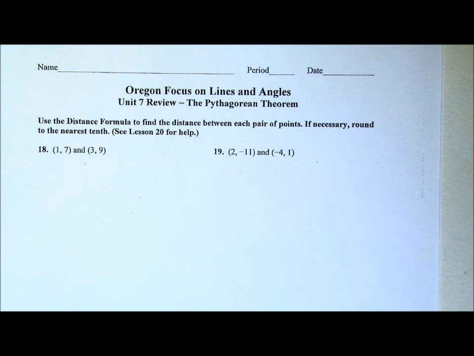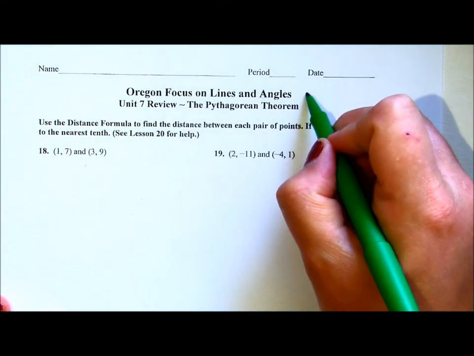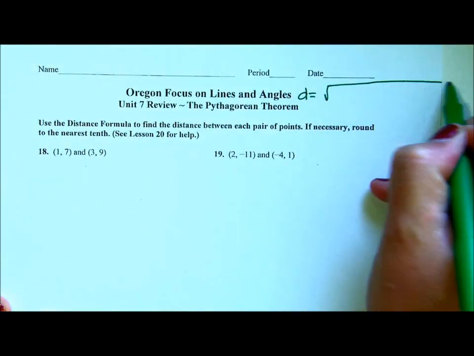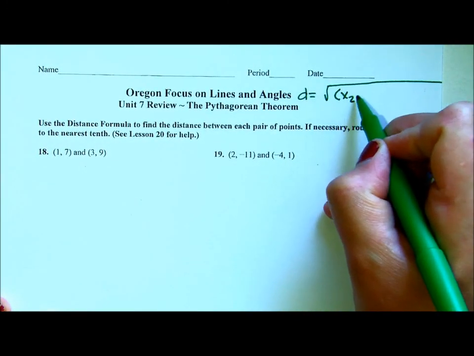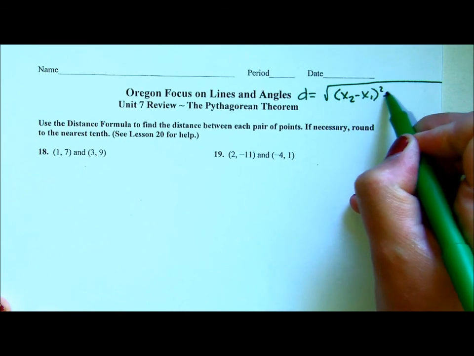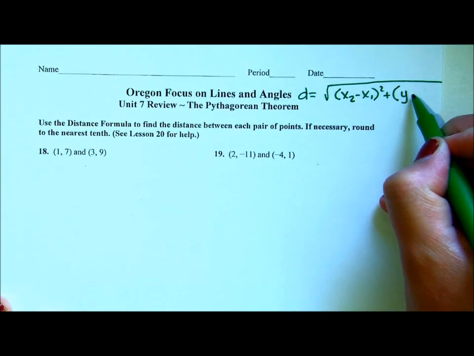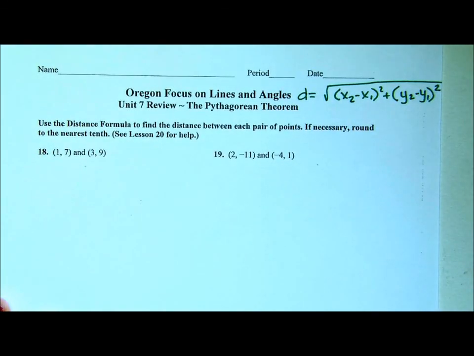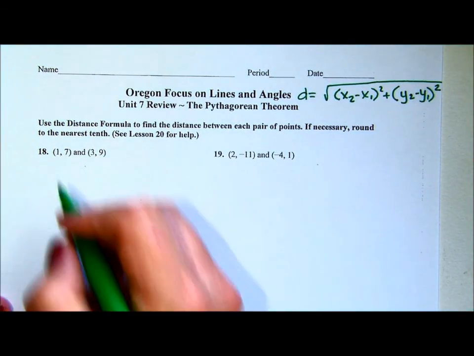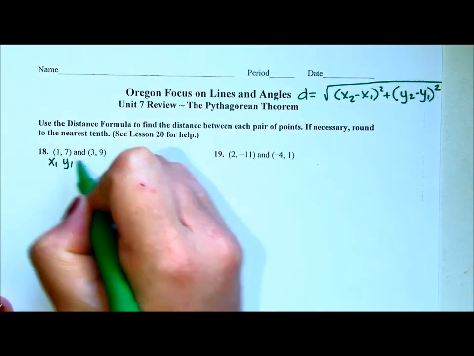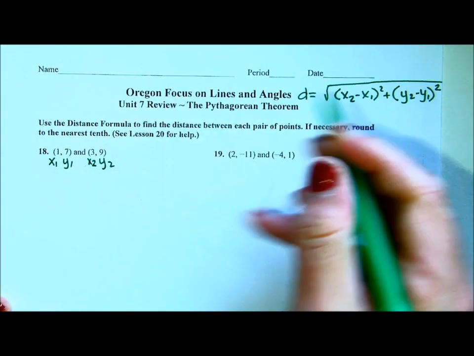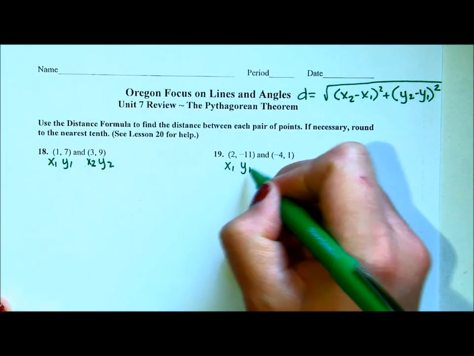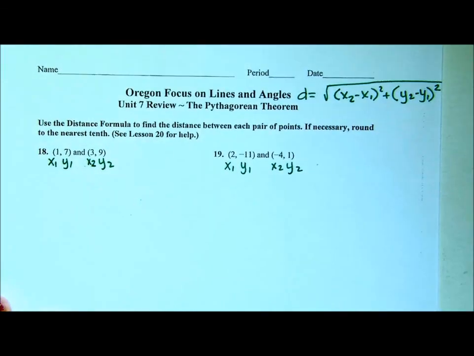Distance is equal to the square root of x2 minus x1 squared plus the difference of y2 minus y1 squared. So, first off, let's label. I have my x1, y1, x2, y2. Now, we're going to make sure that we plug these numbers in correctly.